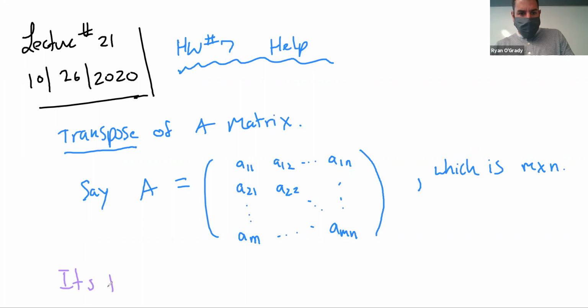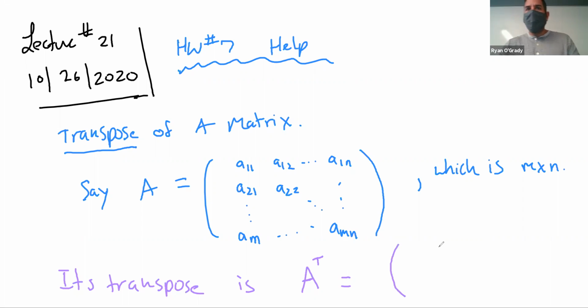So its transpose is A, and we typically write it with this power T. So what is the transpose? Well, basically what we're going to do is flip by reflecting over the diagonal.